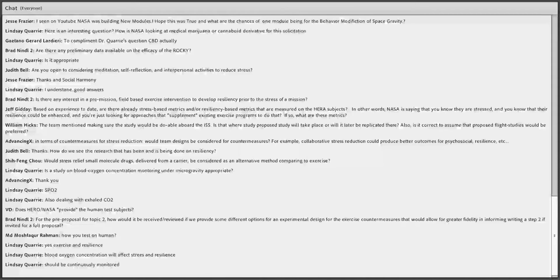So we're not sure we can characterize the response. And yes, Lindsay, we agree, depending on the conceptualization and what it is you're going to measure, it's in what way the blood oxygen concentration is going to impact stress and resilience. That's the conceptualization we're looking for.